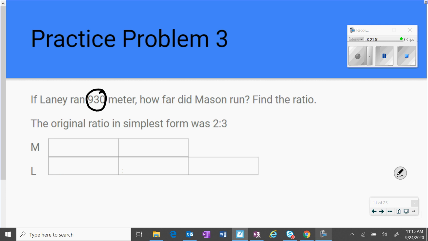You're going to put a box around the terms, and then you're going to underline your question and tasks right there. All right, so it should look something like that. Here's another hint right here. It tells you Laney ran 930 meters, correct? So you can just do this.